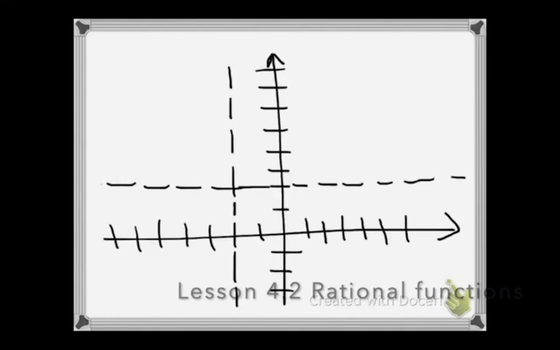So now we're going to draw it. I start drawing by making VA a dotted line. My VA is x equals minus 2. I draw x equals minus 2 as a vertical dotted line, and HA as a horizontal dotted line at y equals 2. Now, how do I plot the ordered pairs?